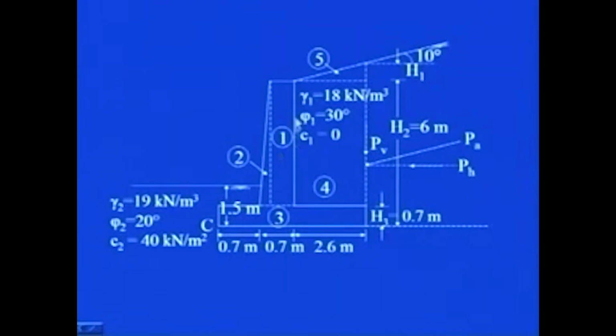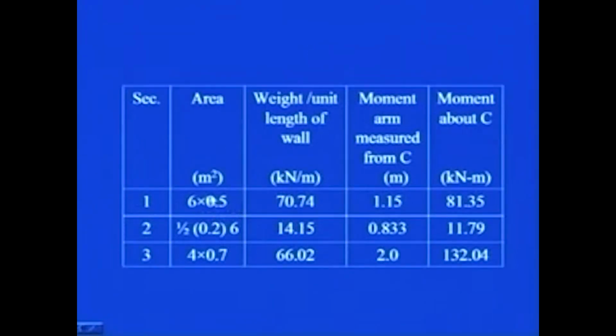So, if I take the first one, let us say this, what is the area? This is 6 meter multiplied by 0.5. I have taken 0.5 as the thickness of the stem. So, this area I know. Now, if you multiply this area by the unit weight of the concrete, you will get the weight.